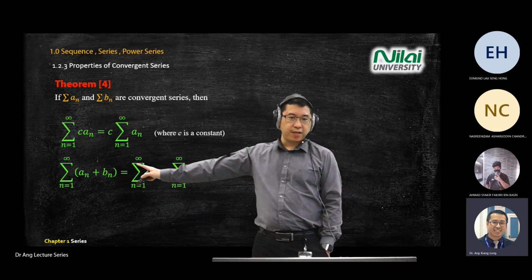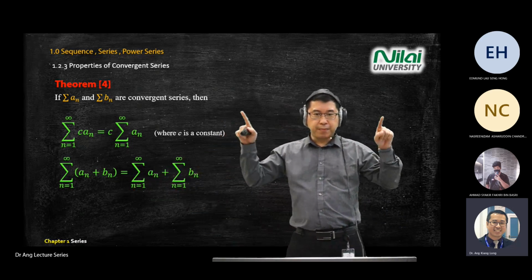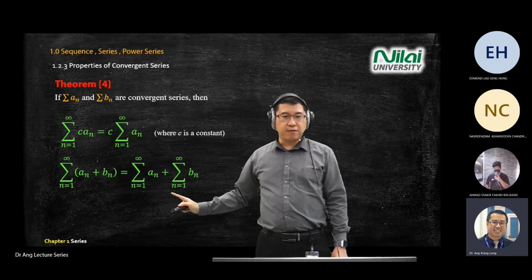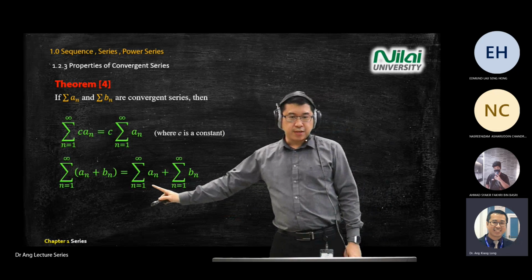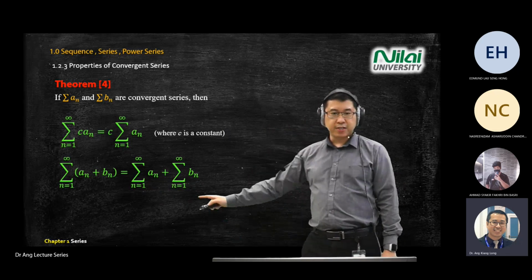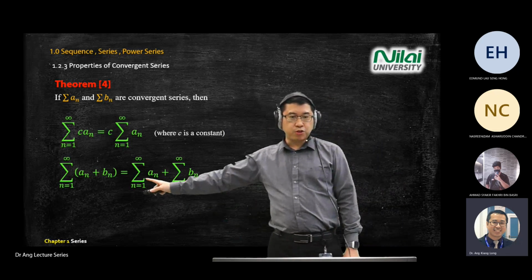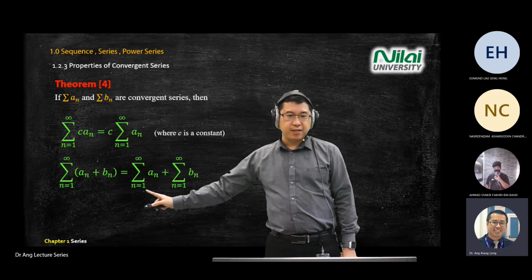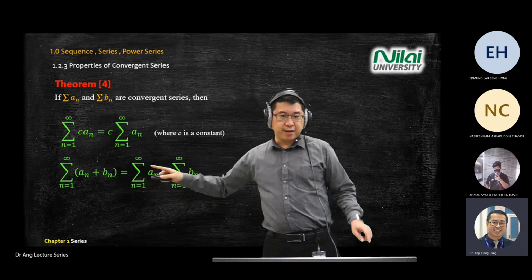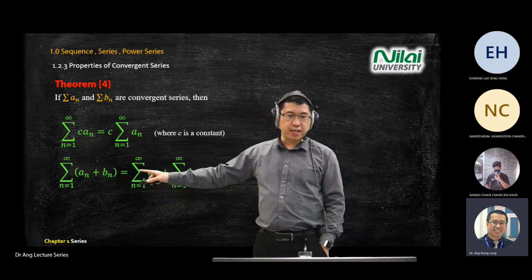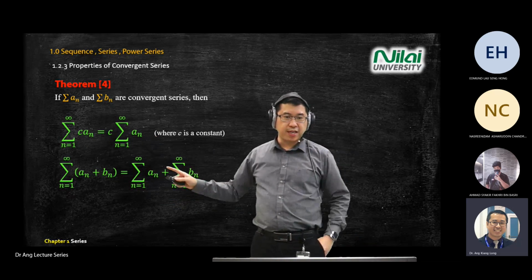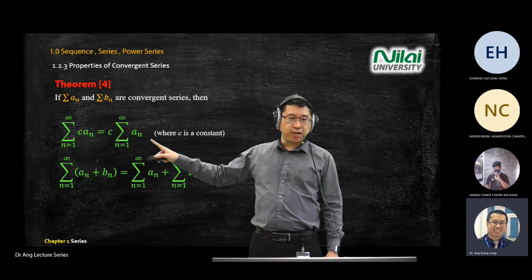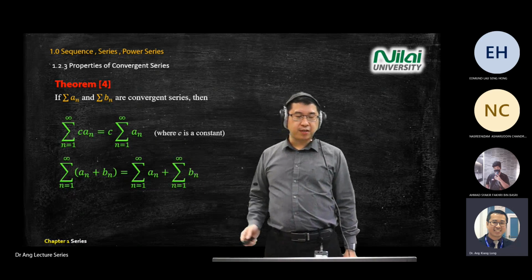Okay, if both are in the bracket, you can split them into individual series. Once you split the series, you must share the same limit. If you split, I mean outside the bracket, you see n equal to 1 until infinity. If you split them into two, they share the same 1 to infinity, 1 to infinity.